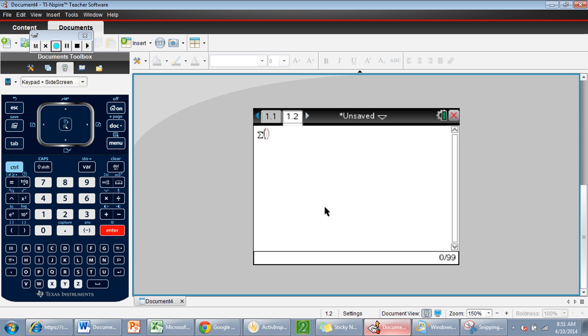And then this is where you type your expression. So 13 minus 3n, comma. You tell it what variable you're using, so we're using an n, comma. The bottom number, 1, comma, the top number, 15. And then you hit enter. You do want to make sure that this looks exactly like the problem that you were working on.